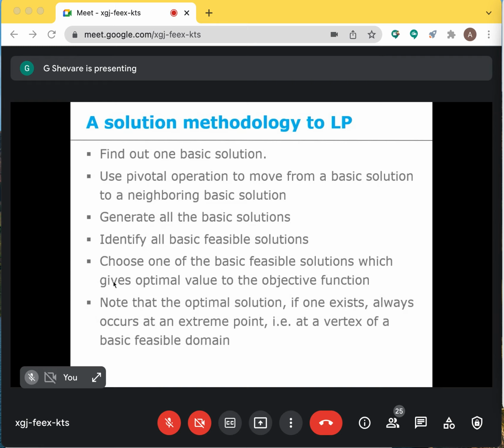Find one basic solution to the problem. So you can choose whatever variables you feel like as pivotal variables, and the remaining n minus m can be non-pivotal variables. But anyway, get the solution for m variables as basic pivotal variables.